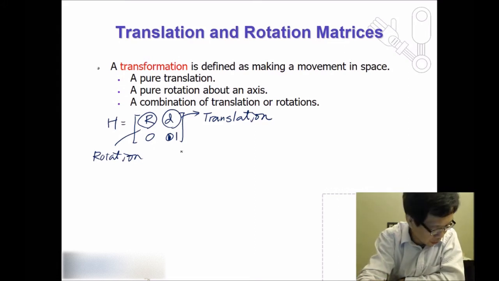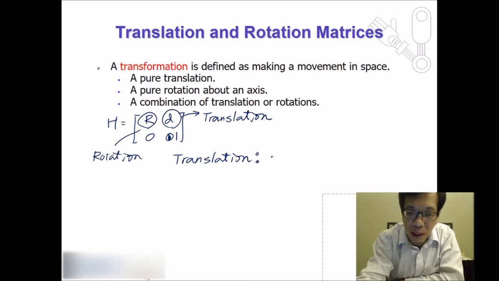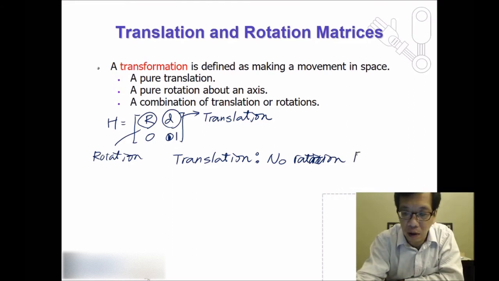For pure translation, it means that we do not have any rotation. It means that my R is going to be 1, 0, 0, 0, 1, 0, and 0, 0, 1.